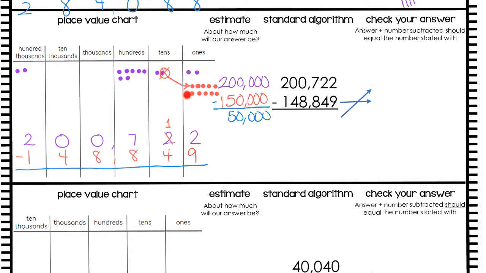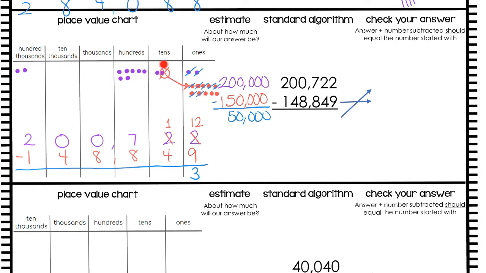And now I have 12 ones. So we can look in our ones column and say, okay, what's 12 minus 9? 1, 2, 3, 4, 5, 6, 7, 8, 9. I'm crossing out or taking away 9. And I have 3 left.